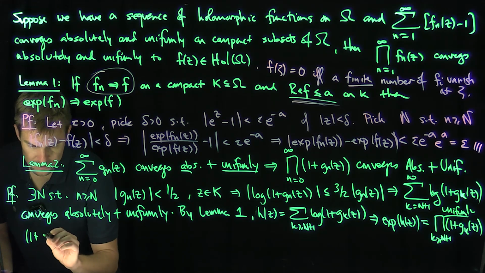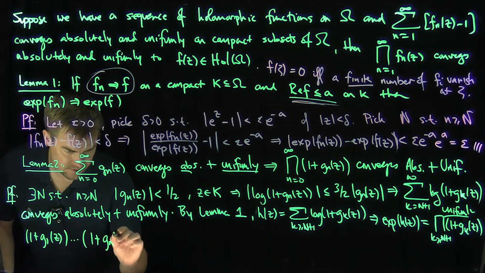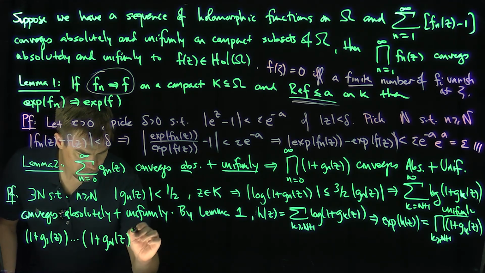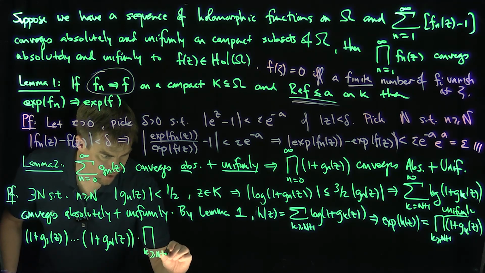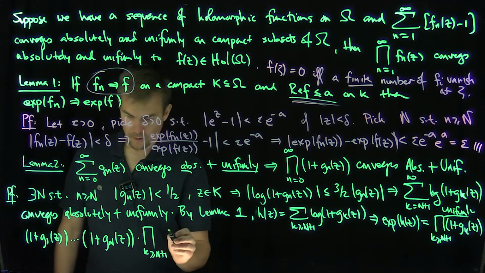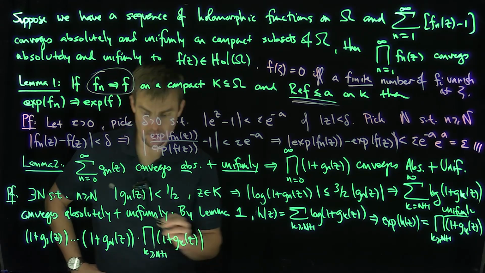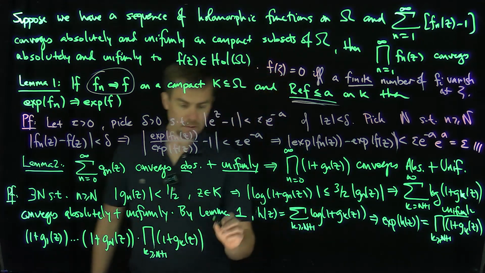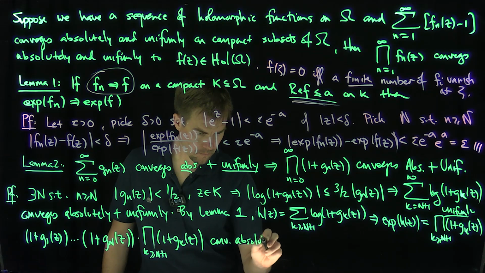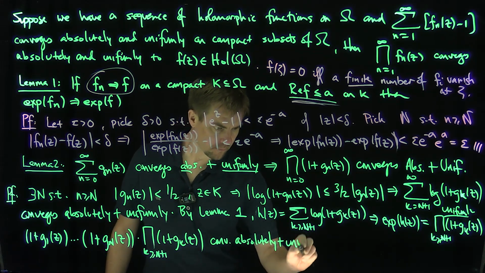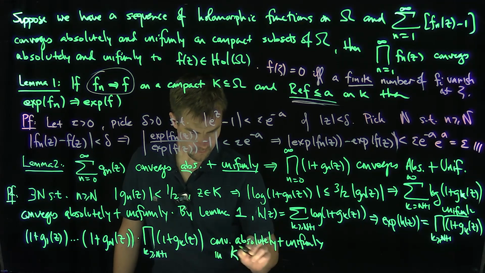I can say 1 plus g1 of z, through 1 plus gn of z, times the product k bigger than or equal to n plus 1 of 1 plus gk of z converges absolutely and uniformly in K. Good.